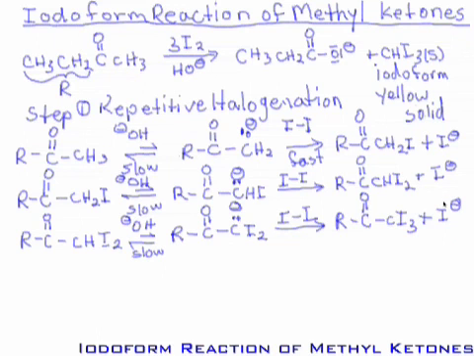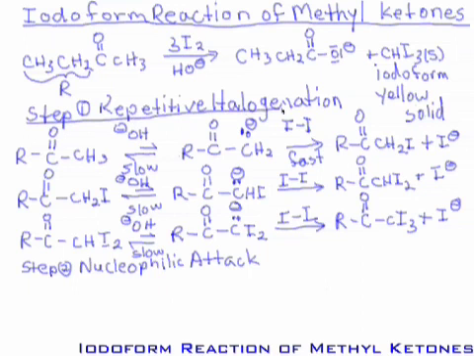Now the next step is unusual. Step 2. And it involves nucleophilic attack. See, OH minus isn't just a base. It's a very good nucleophile. Okay, so step 1 was repetitive halogenation.